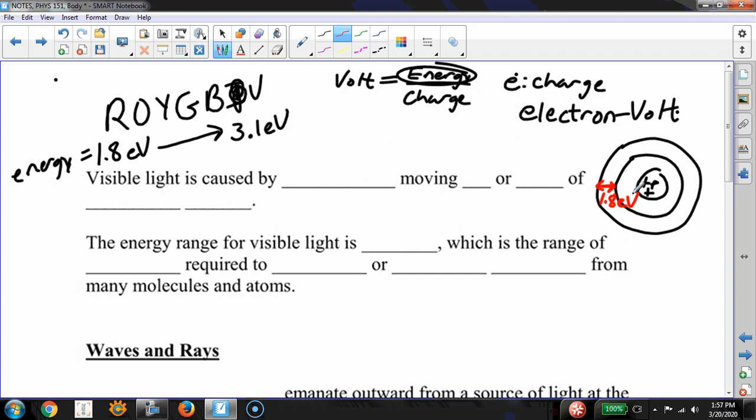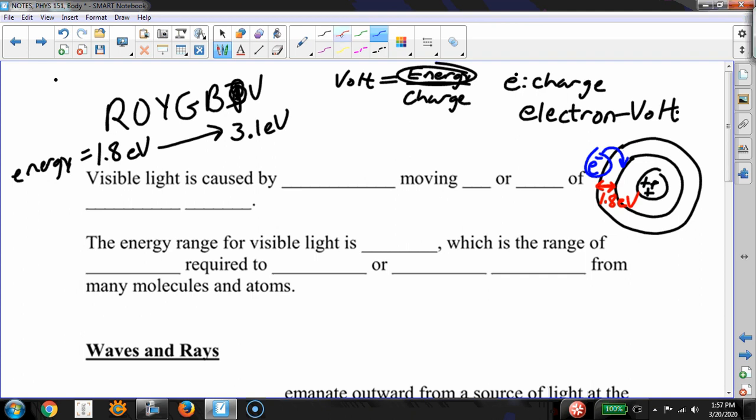That means that when an electron goes from this energy level to the upper energy level, it takes energy.